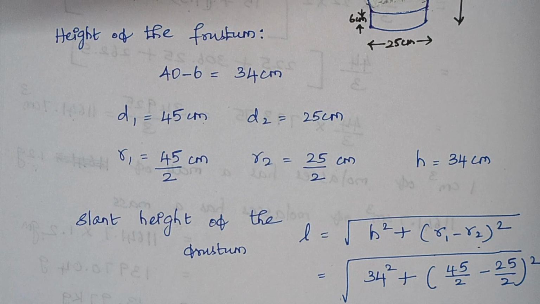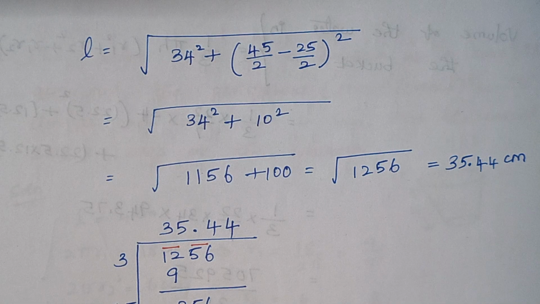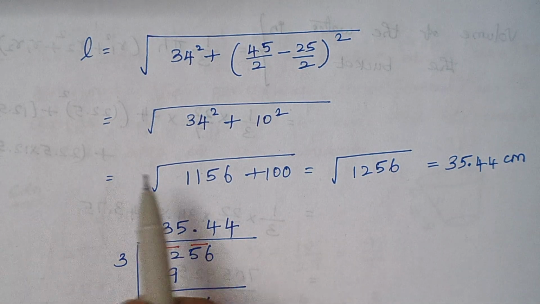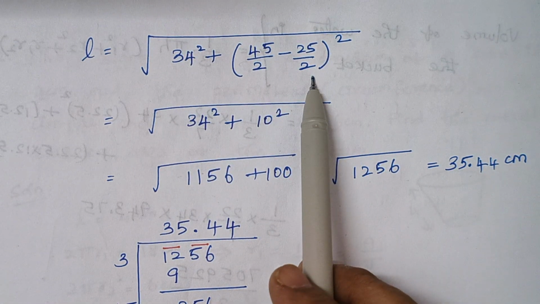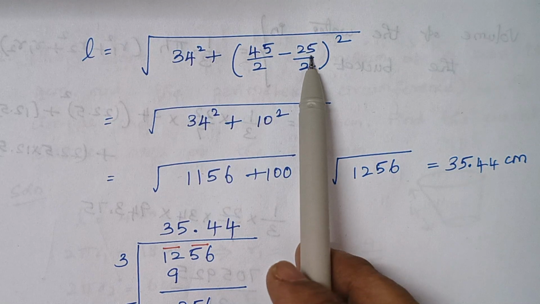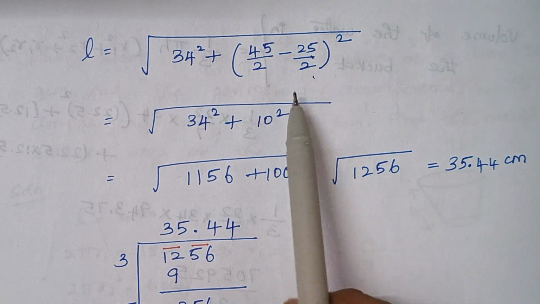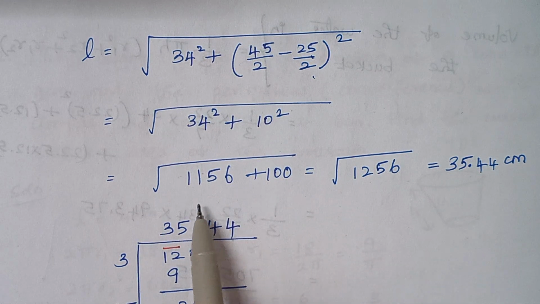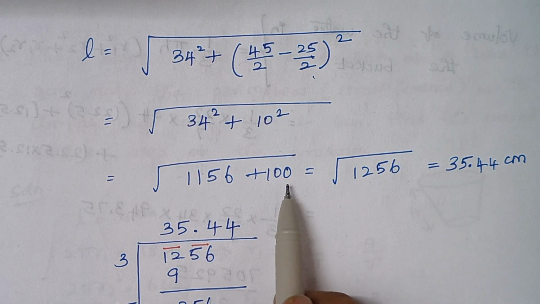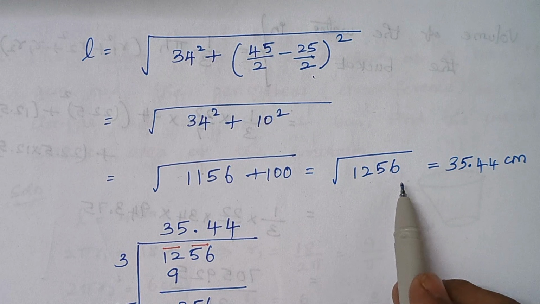When we solve, 45 by 2 minus 25 by 2 is 45 minus 25, which gives 20, and 20 by 2 is 10. So here it is 10 squared. So we have 1156 plus 100, which is 1256.